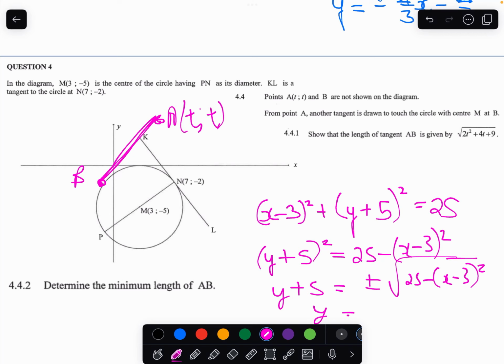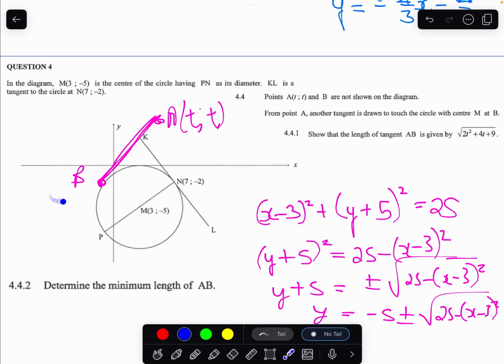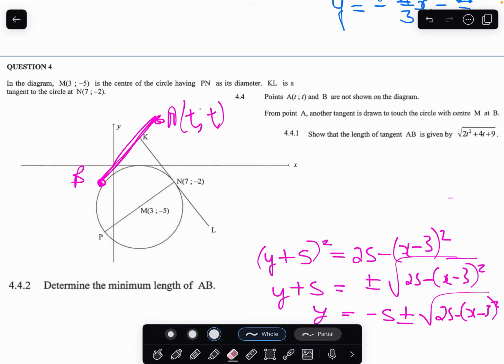And so y would be equal to minus 5 plus or minus this. So if we wanted to write down the coordinates of B as x and the y coordinate being this, we'd have to figure out, well, is it the plus or is it the minus? We don't really know. So I am just not going to entertain that for now.